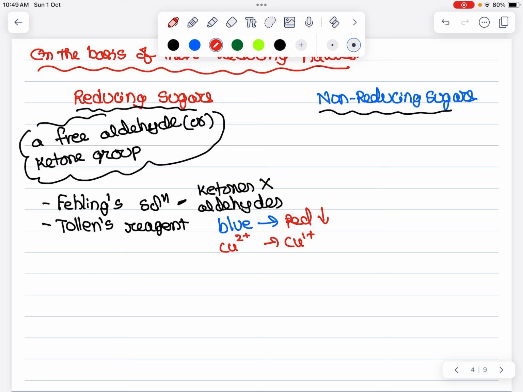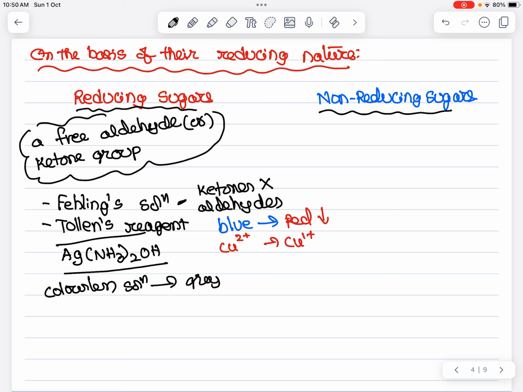Okay. Next, for Tollens reagent, the Tollens test is a very useful method to distinguish between aldehydes and ketones with ammoniacal silver nitrate. For aldehydes, the colorless solution turns into gray precipitation.